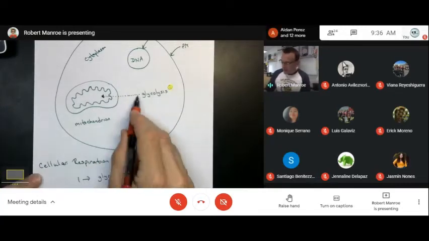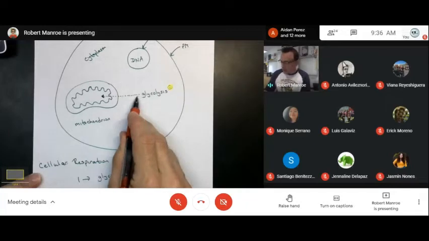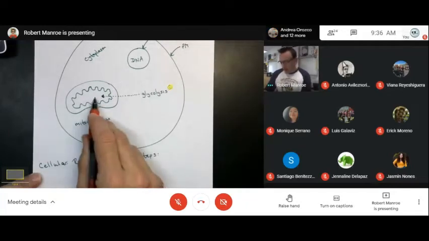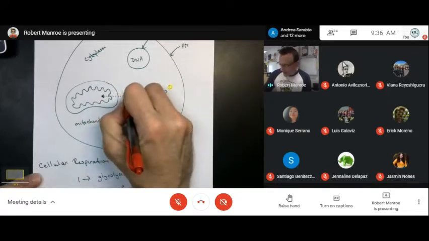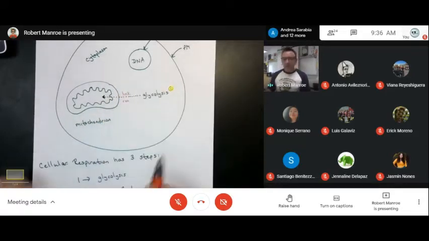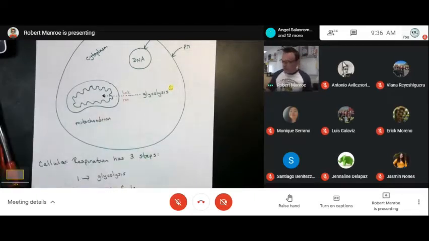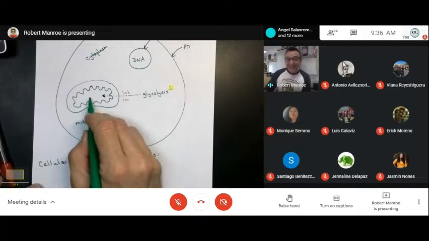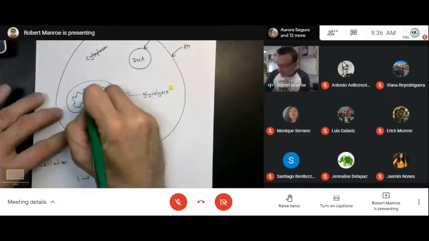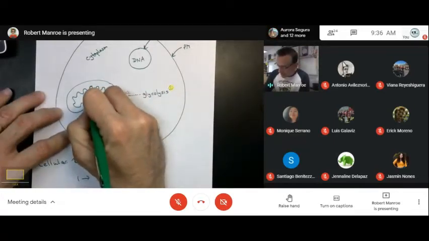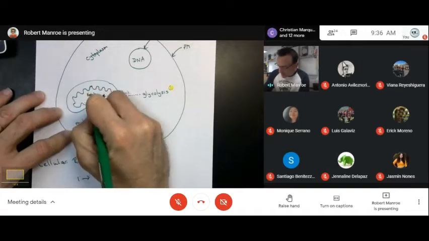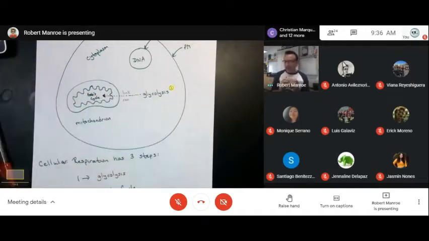And the reaction that happens from the products of the glycolysis to the center of the mitochondrion, this is called the link reaction. Some people couple this with Krebs and some people don't, just depends, right? So you then have this oxidative reaction here where the high energy electrons are removed. So this is the Krebs cycle. The Krebs cycle happens in the core, in the center of the mitochondrion.